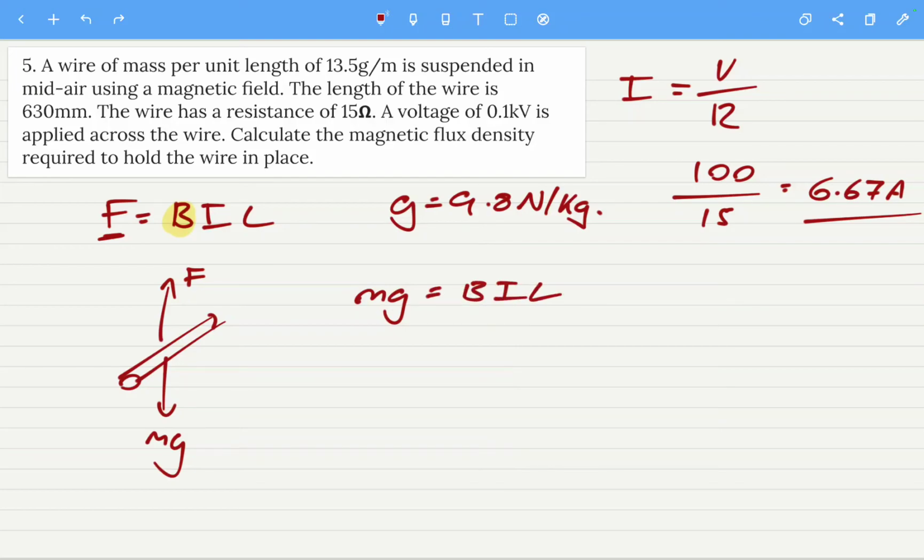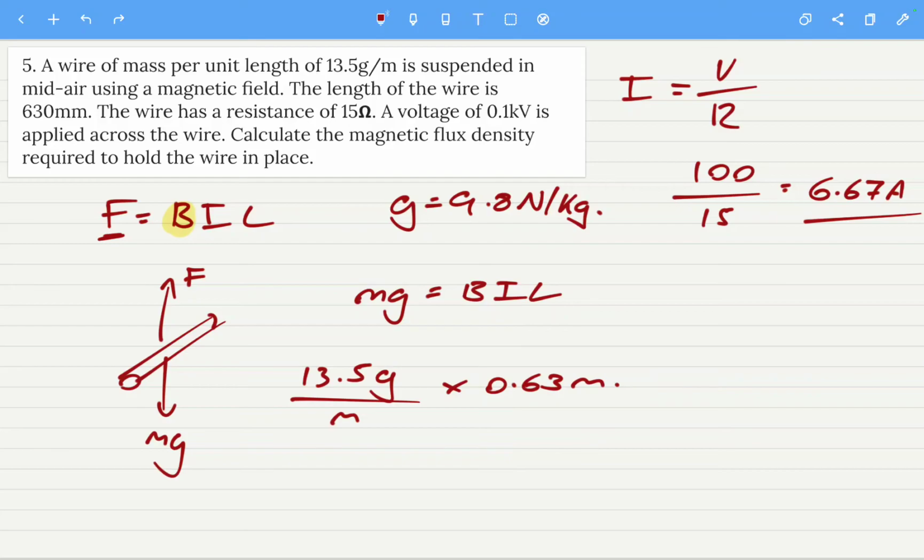Right, so we know gravitational field strength is 9.8. We know the current is 6.67 amps. We know the length. We just need to calculate the mass. So we've got 13.5 grams per meter. I'm going to times that by the length of the wire, which is 630 millimeters. So to get that in meters, you have to divide by 1,000, which is 0.63 meters.